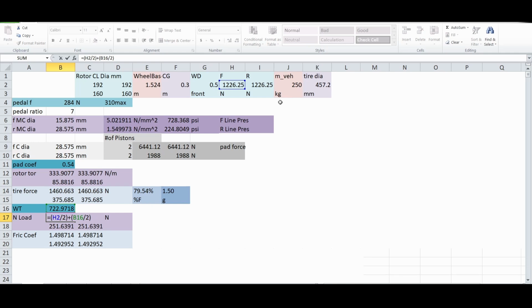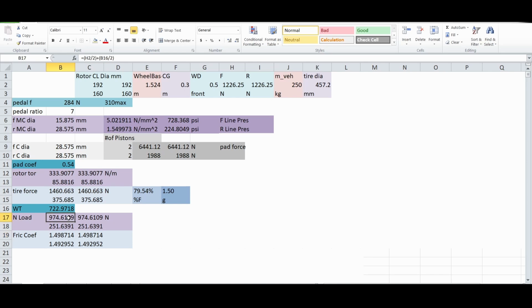So we'll take our front weight divided by 2 per corner, and same with weight transfer divided by 2 to make it per corner. And you add the weight transfer to the front, because you're braking, weight transfer's going forward, and you'll get the front corner weights with weight transfer. Do the same for the rear, but you subtract the weight transfer.